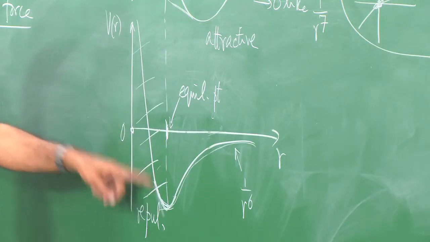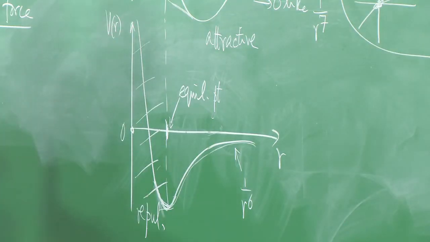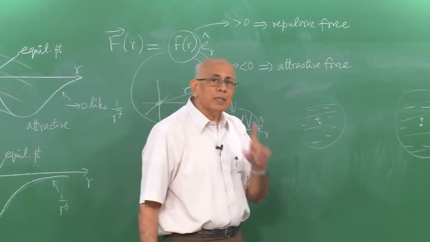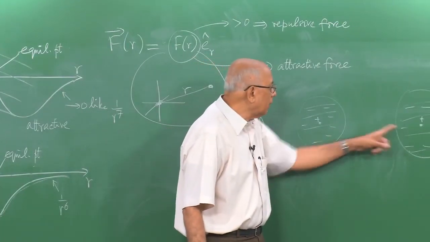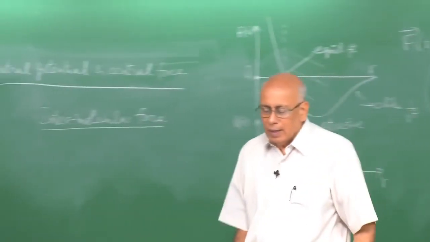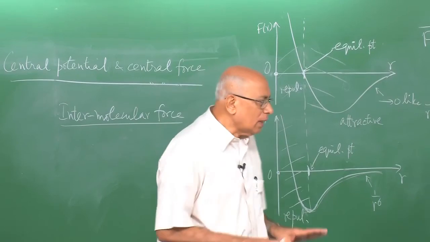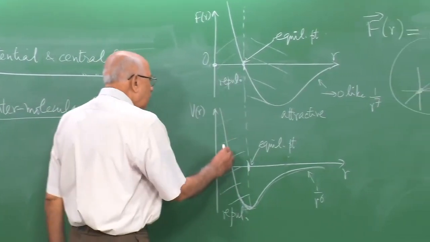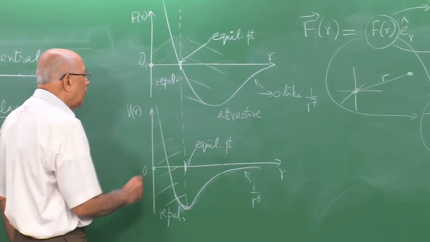On this side, however, when you bring them sufficiently close together, then the Pauli exclusion principle prevents you from having 2 electrons in the same state simultaneously, and this leads to a repulsion. That's largely responsible for this repulsive part of the force, and it in fact goes to infinity extremely rapidly.